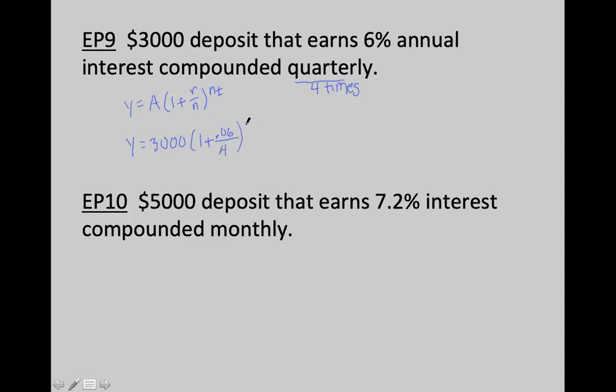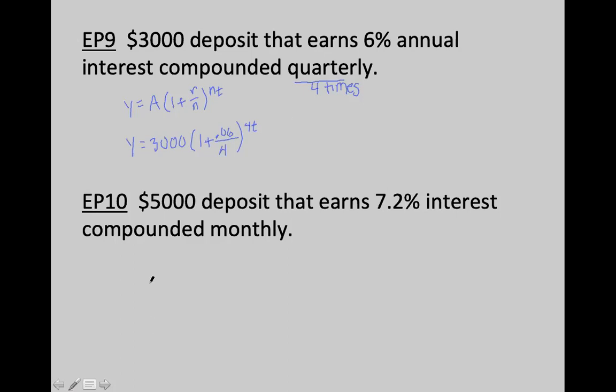And this is going to be 4 times t. And do they give us a time here? Nope, they just want us to write what it would look like. So 4t. We don't know how many years it's going to be. But if I wanted to, I could just replace this t and I'd find out how much money I had.